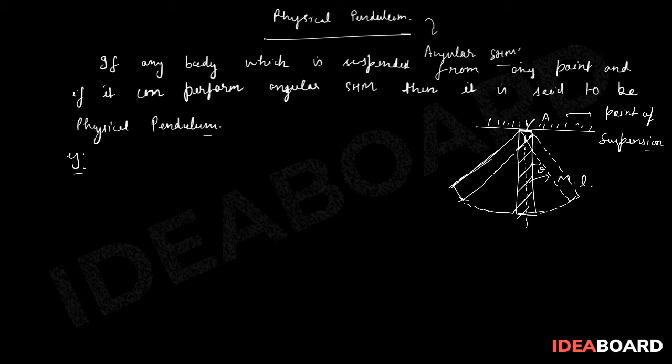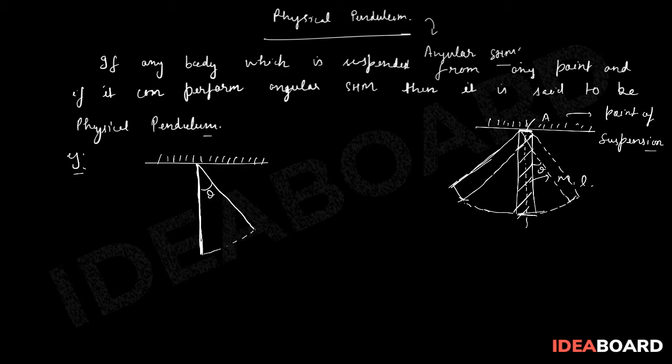So suppose this is our rod, though it will have a little bit of thickness, but I am just trying to make you understand. Let's say after getting displaced with angle theta, the rod will be here.